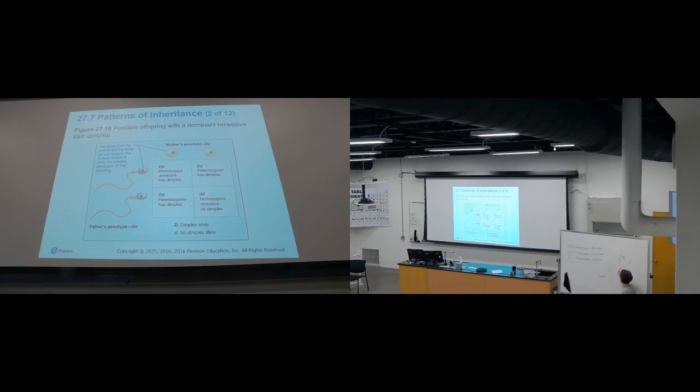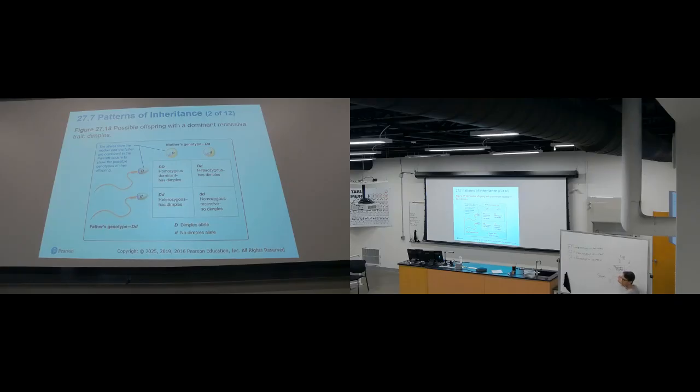So then, if you combine in this quadrant this allele with this allele from the egg and the sperm, what would you expect to have here? DD, which would be homozygous dominant. And this is for dimples.